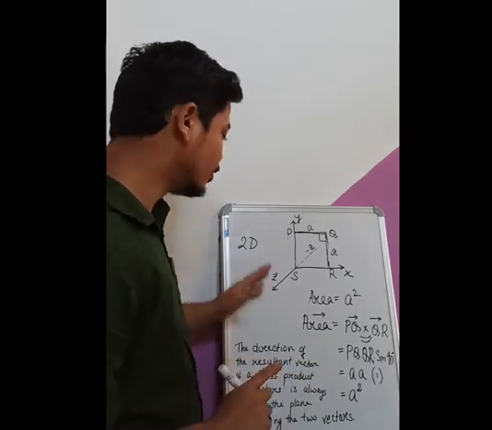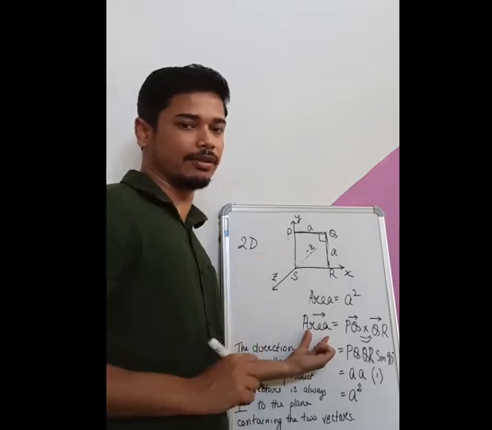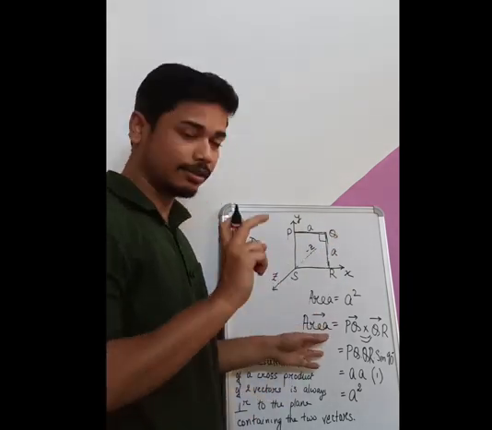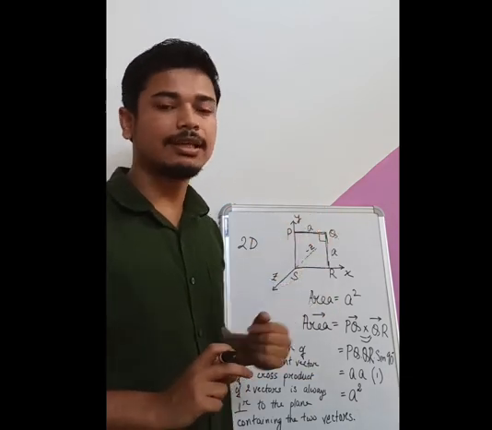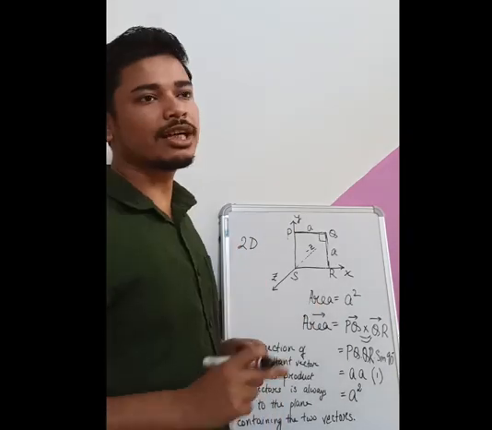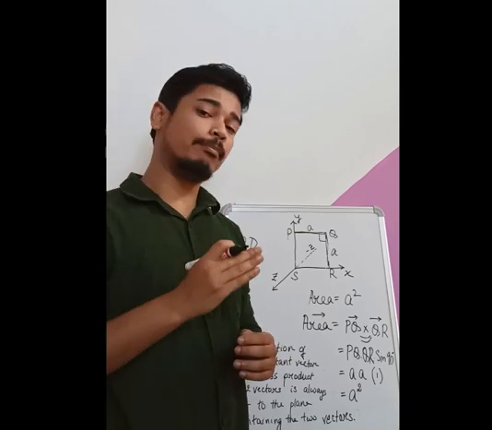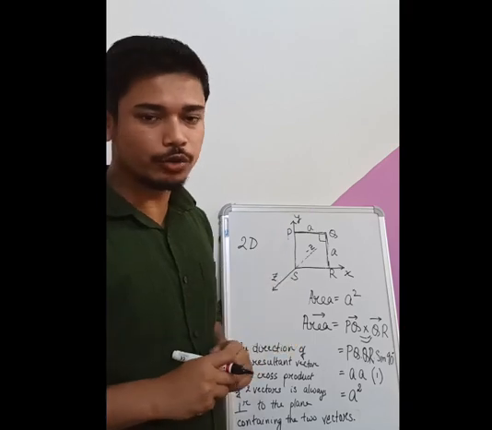Okay. Now what is the direction of this resultant vector, this area vector? We have considered the element to be PQRS, and what is the direction of that element? What is the direction of that resultant area vector, right? As you know, if we take the cross product of two vectors, the resultant vector is always perpendicular to the plane containing the two vectors.